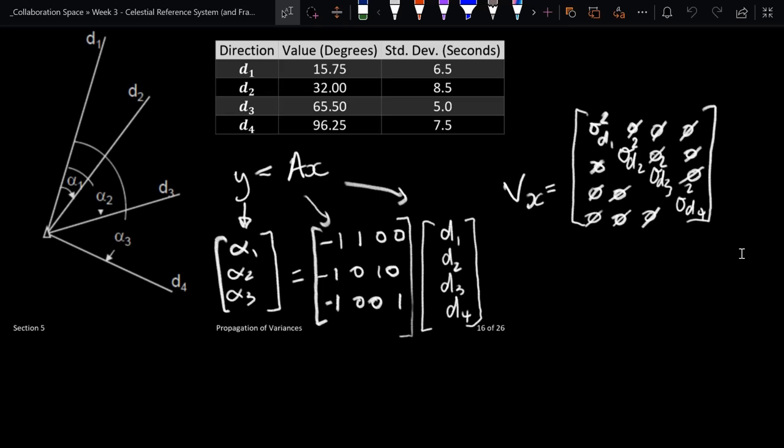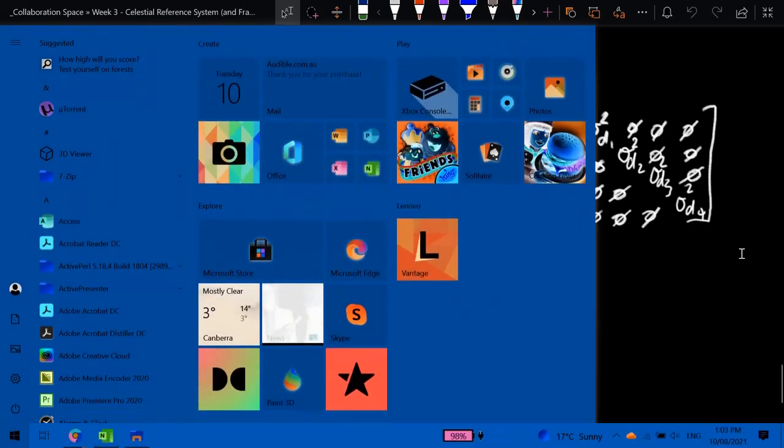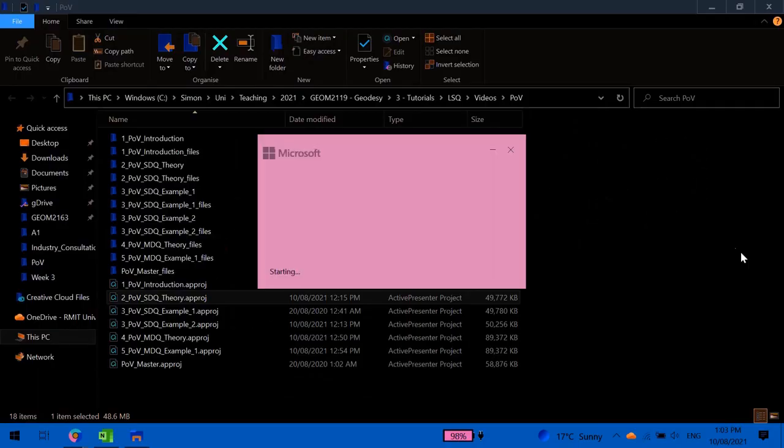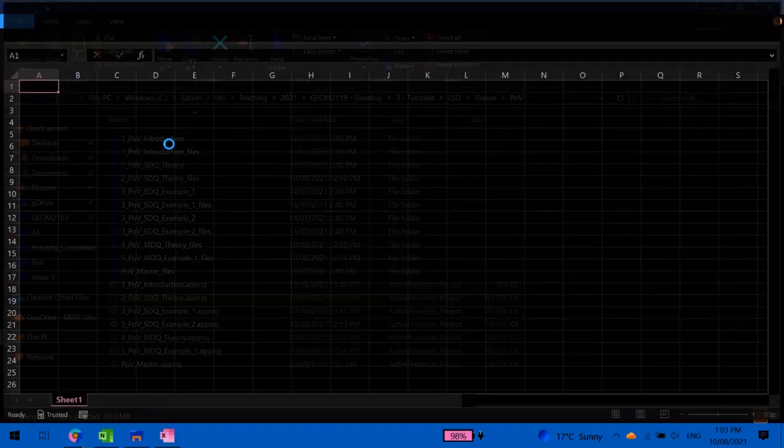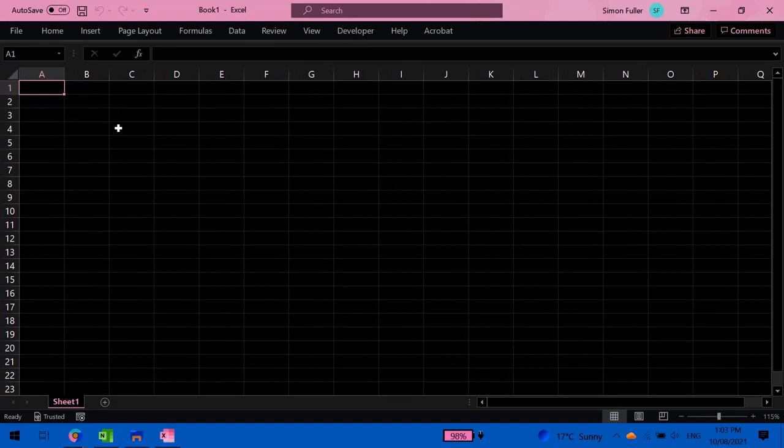Okay, so now that we have our setup here, let's put this into Microsoft Excel to do some calculations with. So we'll put our Y matrix in first here. That's alpha 1, alpha 2, alpha 3.